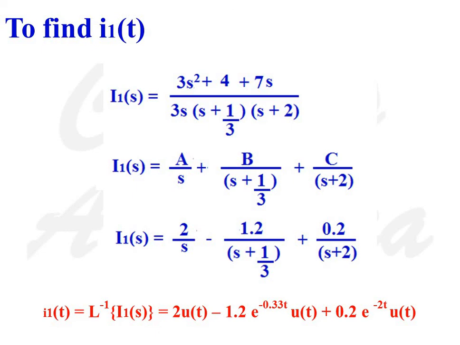So I1 of t is equal to Laplace inverse of 2 by S minus Laplace inverse of 1.2 divided by S plus 1 by 3 plus Laplace inverse of 0.2 divided by S plus 2. Finally, we will get I1 of t is equal to 2u of t minus 1.2 e raised to minus 0.33t u of t plus 0.2 e raised to minus 2t u of t.